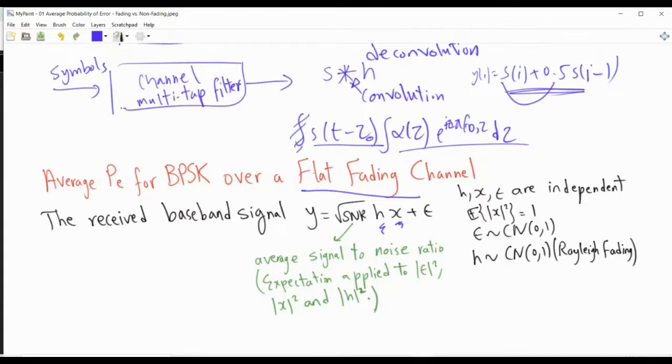Again, things are continuously changing over time, but we want a tractable model. Just using H as a continuous time random process will be intractable, and so we do this.